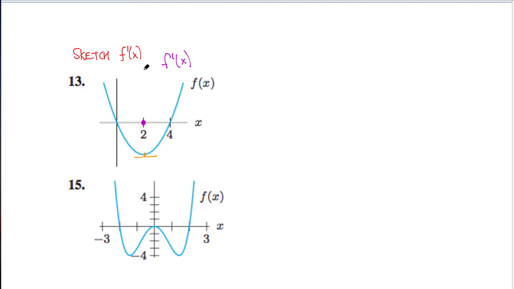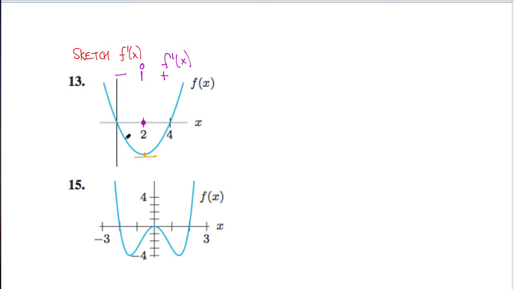To the left of this point, we have a value of f prime of x that is equal to the slope, and it is negative. To the right of this, we have a slope that is positive. It's increasing. So that means the value of my f prime of x has to be negative to the left of this and positive to the right of this.